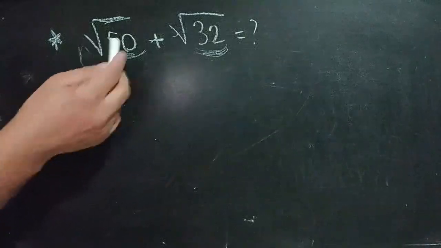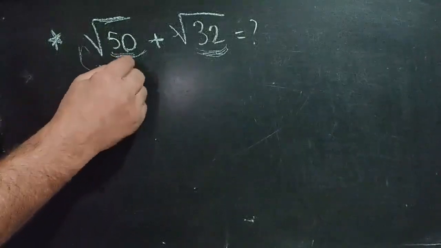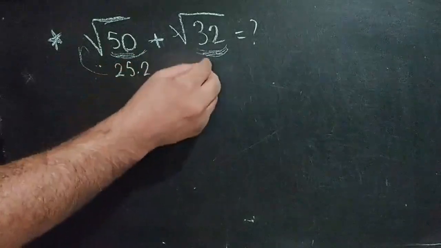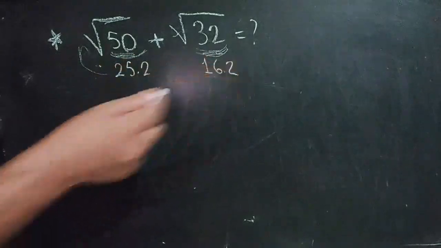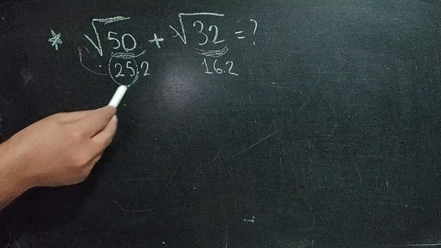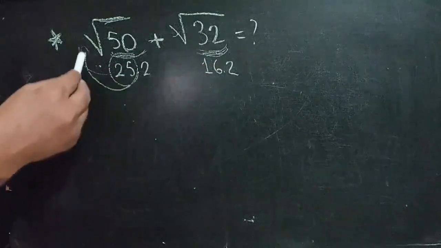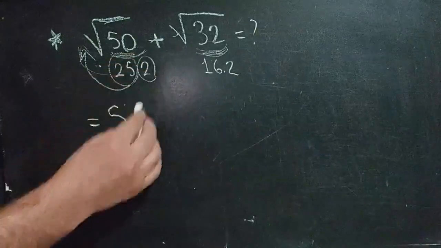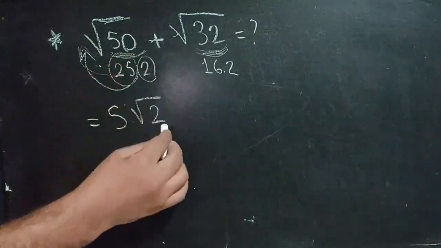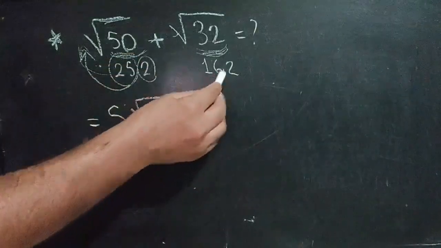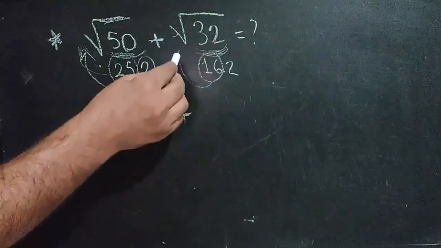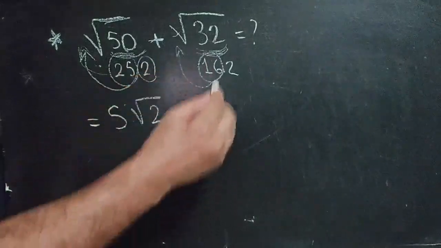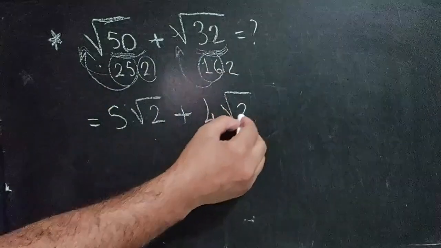While I'm thinking about that, I go for 50, 25 times 2, and this one 16 times 2. See, this 25 can go out as 5, and this 2 will stay inside, square root 2 plus, and this 16 goes out as 4, and this 2 will stay inside.